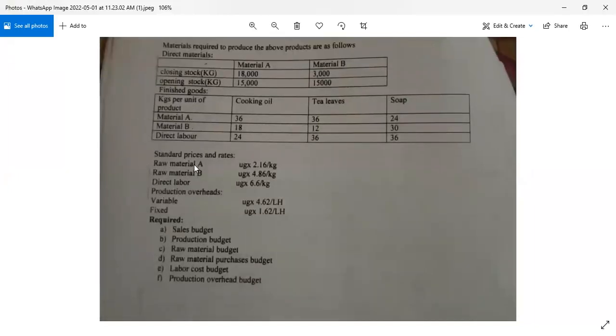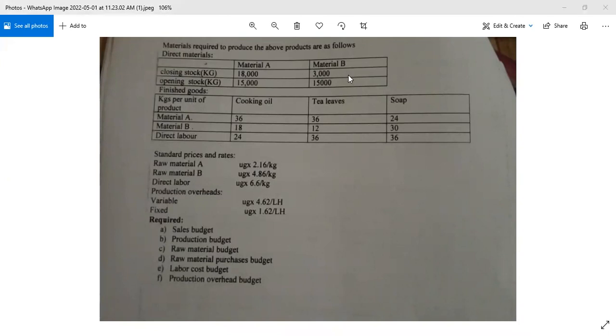Here, the information was given. They say that production overheads for variable costs need 4.62 per labor hour. Okay, the keyword is per labor hour. Then fixed costs, 4.6 per labor hour. So this one should be straight. Just know the number of hours that you need. So the labor budget was very important in that case.